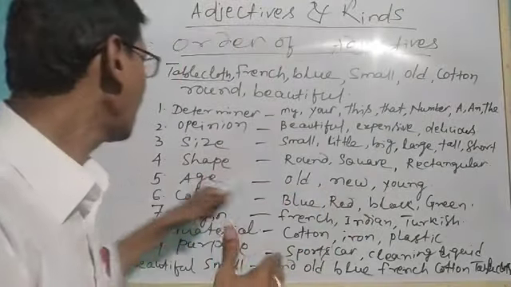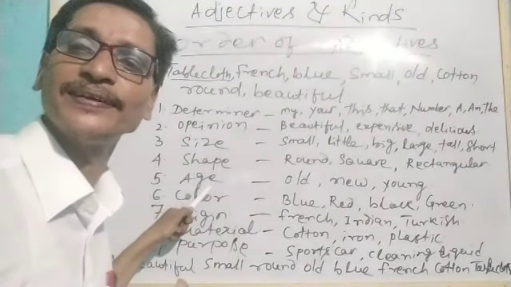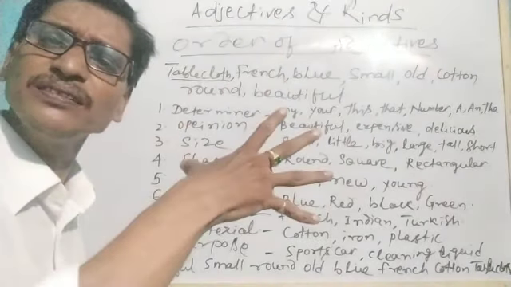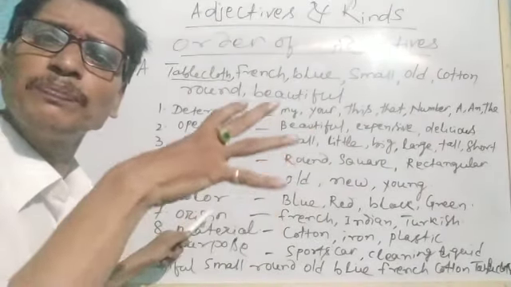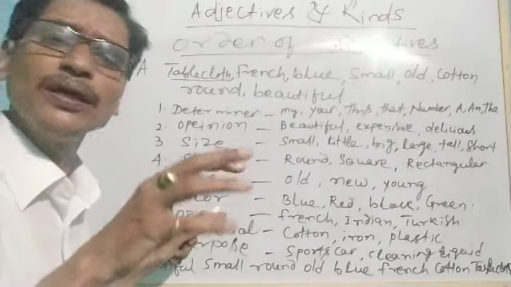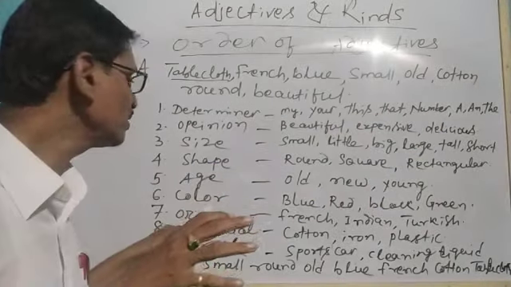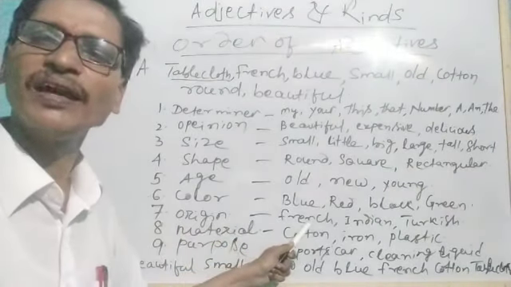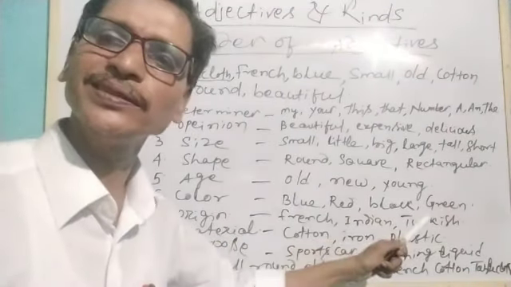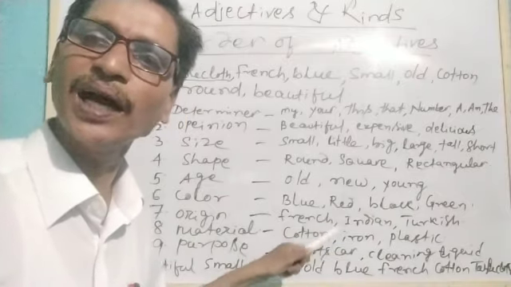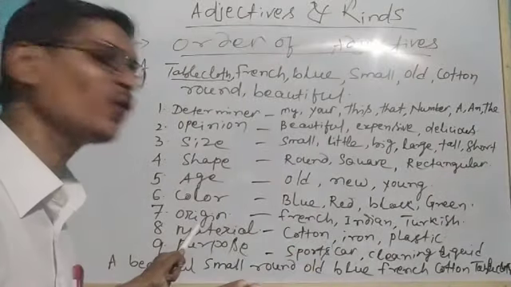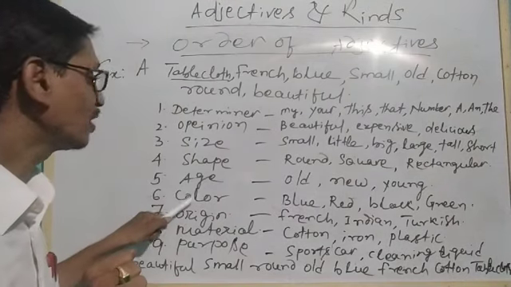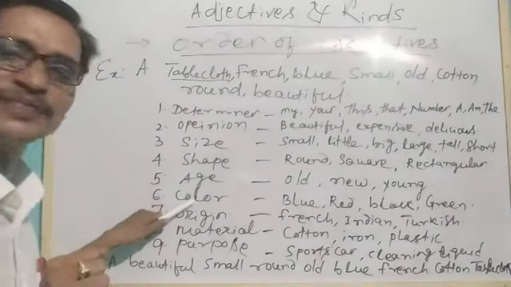They come after the shape. Similarly, origin means which country or place it belongs to: French, Indian, Turkish, Italian, American. After age comes the color.